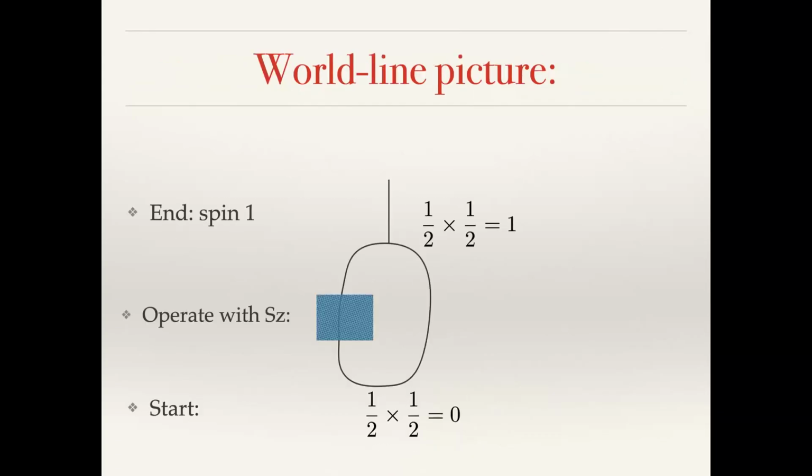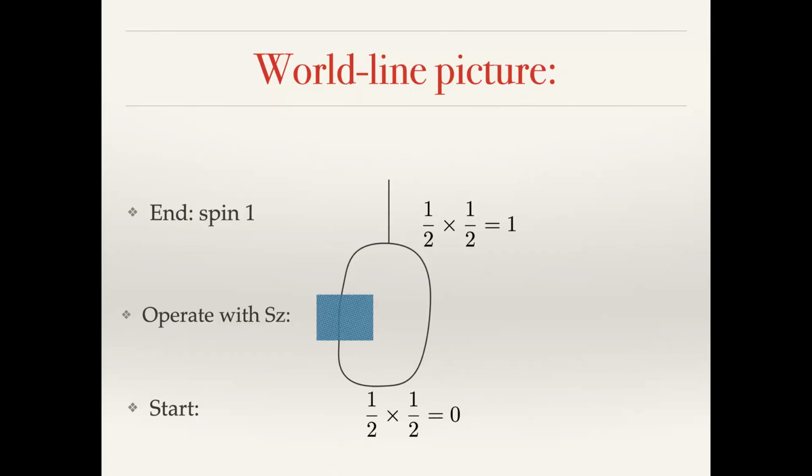Okay, so to make connection with these kinds of anion models and these space-time braiding pictures, let me draw this like this. So time is going up in this picture, and I start with 2 spin-1/2 particles in a singlet, and if all I care about is conservation of SU2, I could have pair created these from the vacuum, and that's the way to think of the bottom of this diagram.